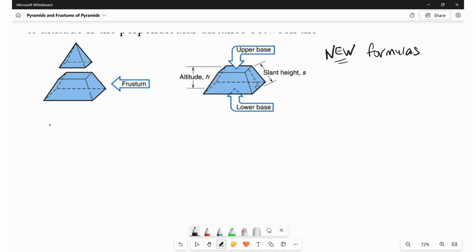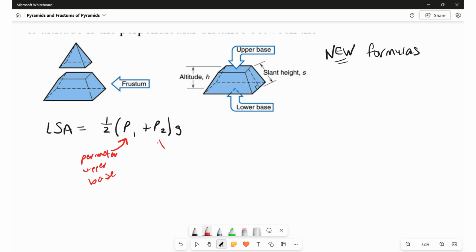So in order to find the lateral surface area for a frustum, you are going to do 1/2 times P1 plus P2 times the slant height, where P1 is the perimeter of the upper base and P2 is the perimeter of the lower base.